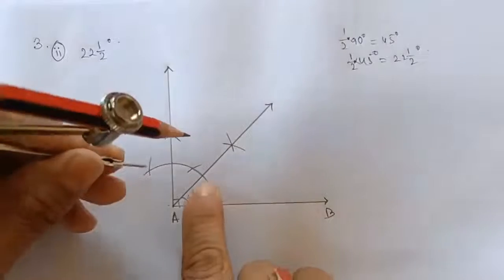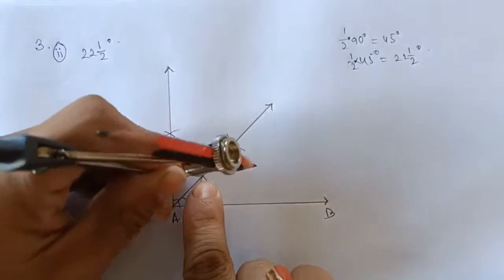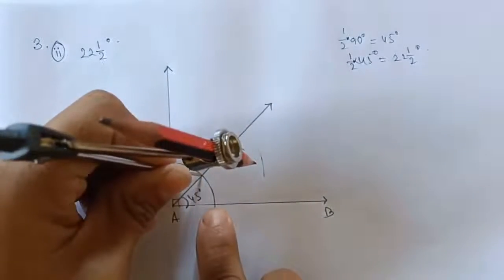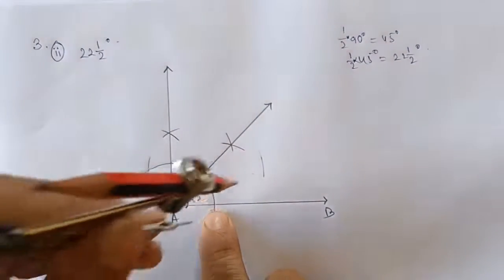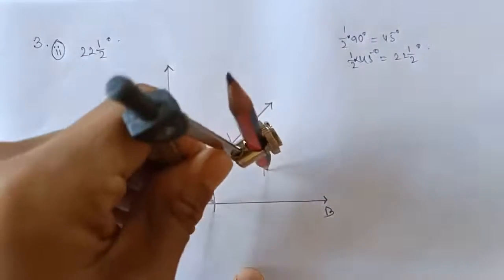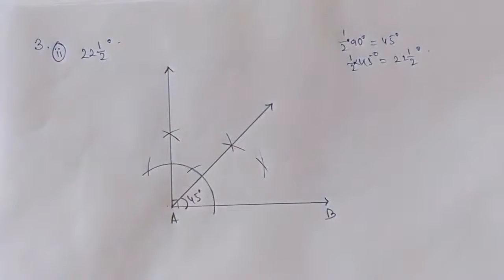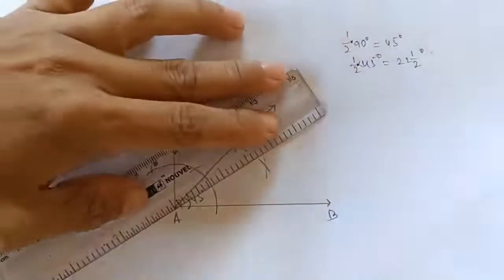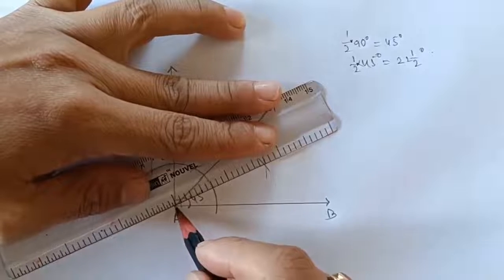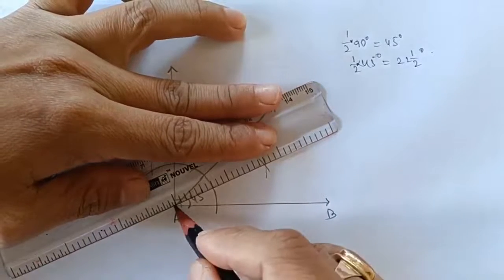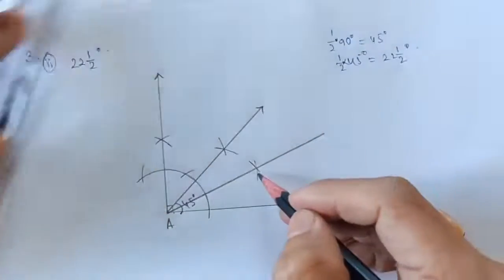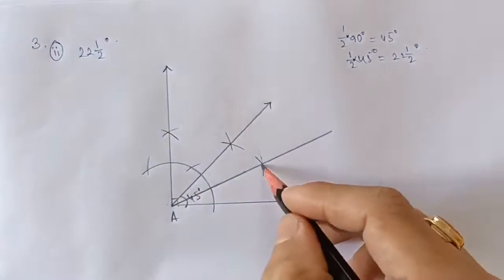With center as this particular point, we draw an arc like this, and with center as this particular point here, we draw an arc intersecting the previous arc. Now let us draw a ray passing through the point A and the intersecting point here.